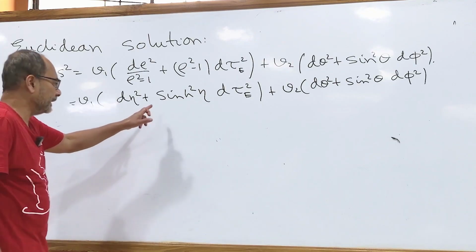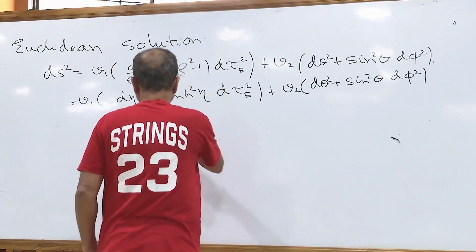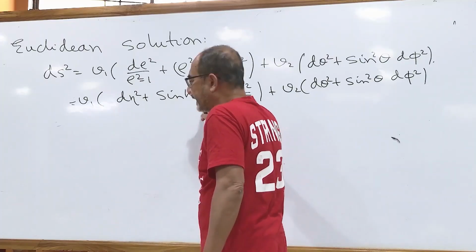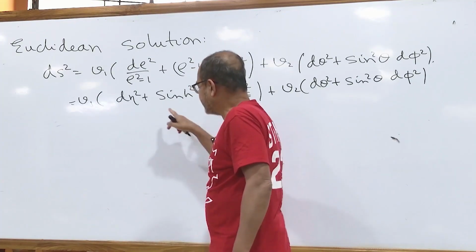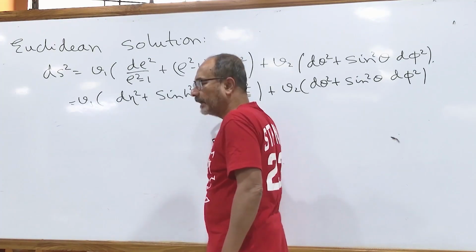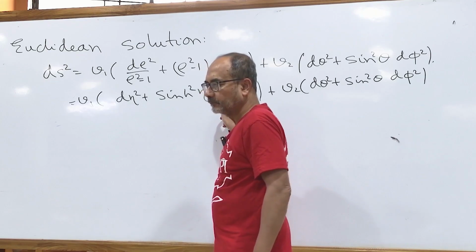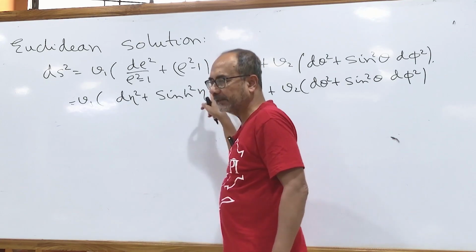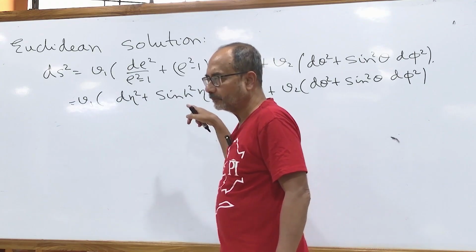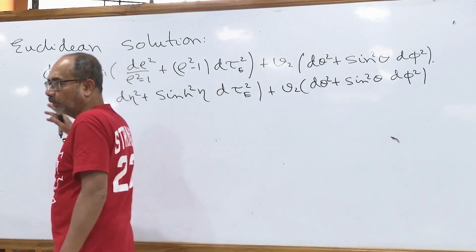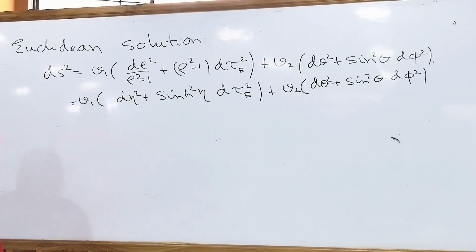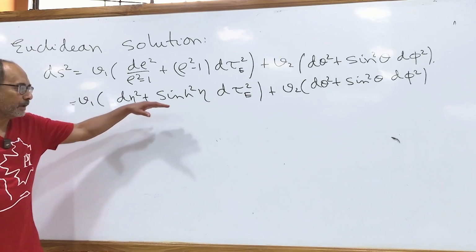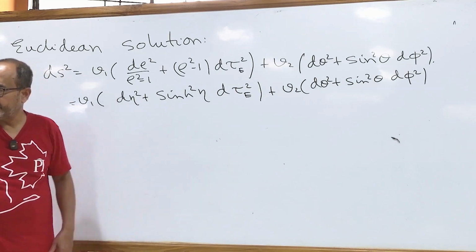Now, before we proceed, you notice that near eta equal to 0 this has a structure d eta squared plus eta squared d tau_E squared, right? So at eta equal to 0, this d tau squared coefficient is 0. So the solution looks singular, but we are familiar with such singularities in 2 dimensions.